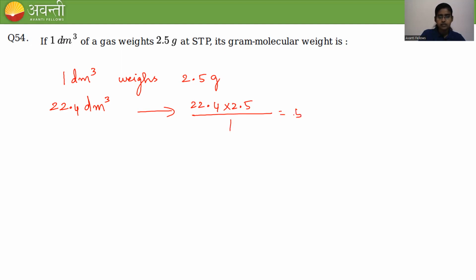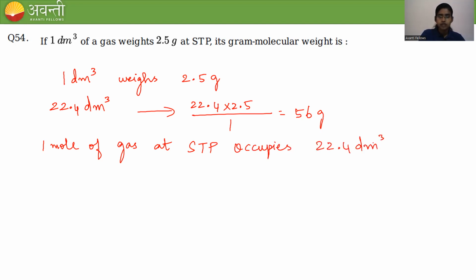So it weighs 56 gram. And we know that 1 mole of the gas at STP, that is standard temperature and pressure condition, occupies 22.4 decimeter cube.